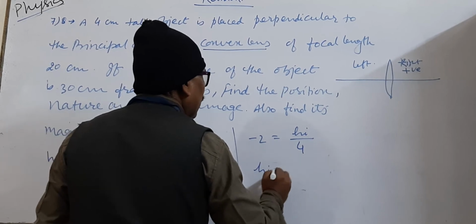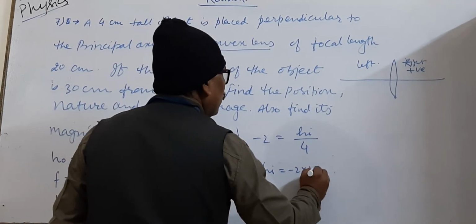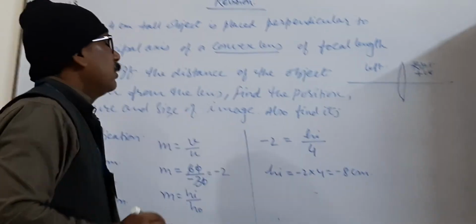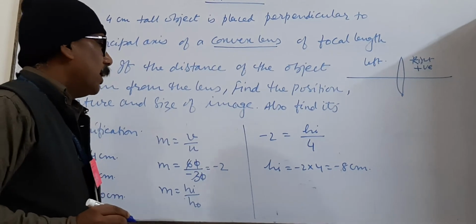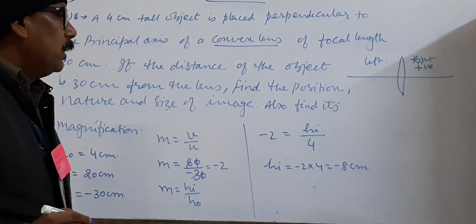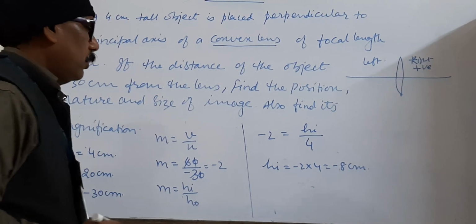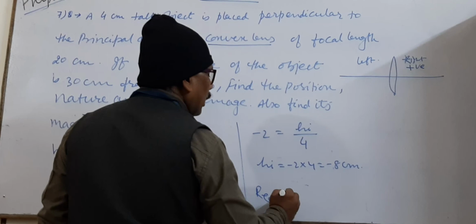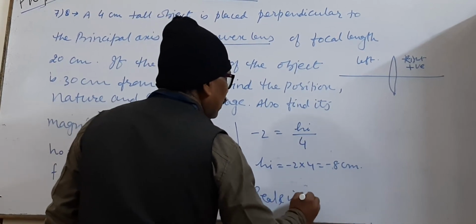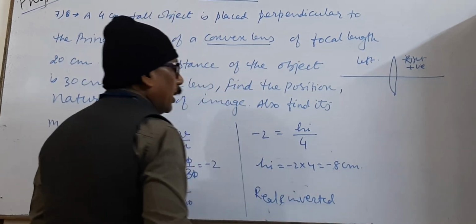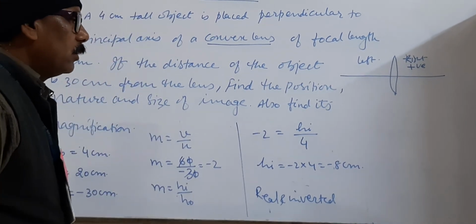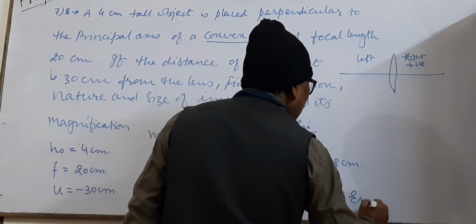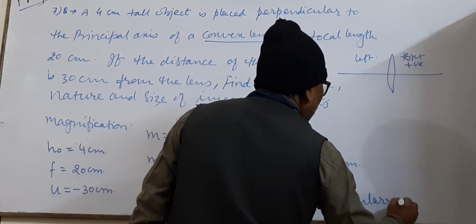Height of the image is minus 2 into 4 is equal to minus 8 centimeter. Means minus 8 centimeter indicates that the image is real and inverted. The nature will be real and inverted, and the size will be enlarged or magnified.